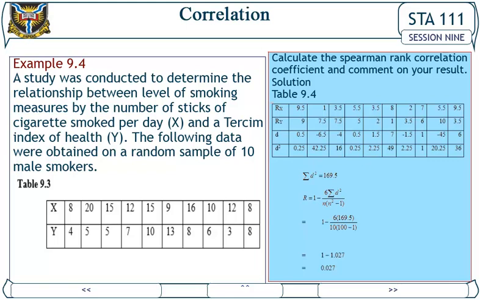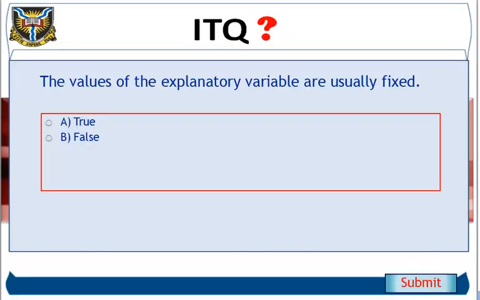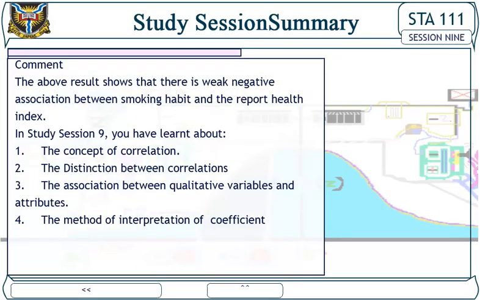Calculate the Spearman rank correlation coefficient and comment on your result. Solution. Table 9.4. Summation d squared is equal to 169.5. Comment: the above result shows that there is a weak negative association between smoking habit and the reported health index.